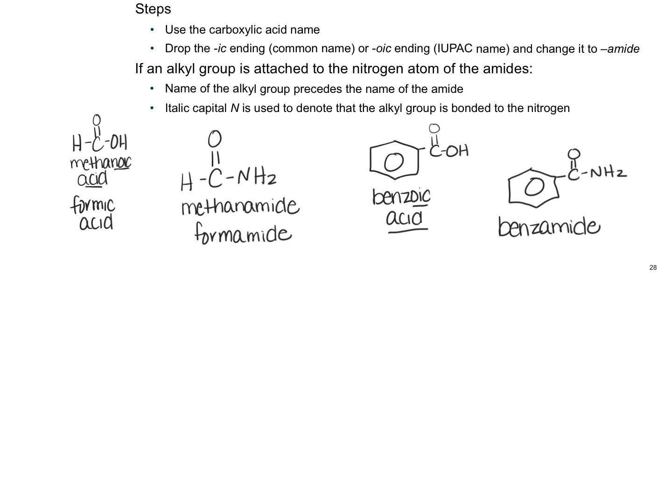Now, let's look at another example. So let's look at this guy here. When we look at this, it's helpful to identify where your carbonyl is and look at the amine here.